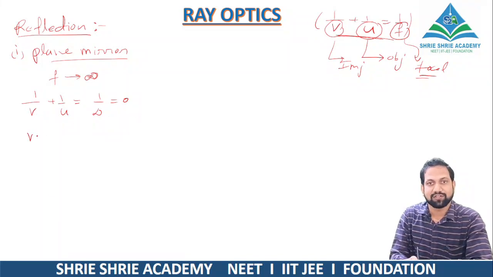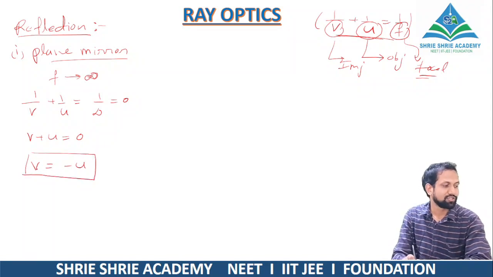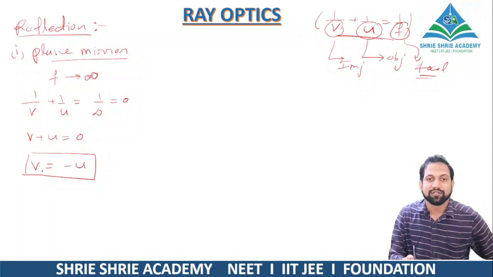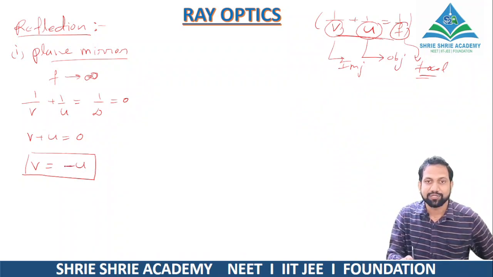Then we can say v plus u equals to 0, or v equals to minus u. This meaning is very simple. The meaning is very simple here. v is minus u stands for the object distance and image distance both are equal, but in the opposite sides. I mean, if object is in front of the mirror, image will be behind the mirror, like that you can have.